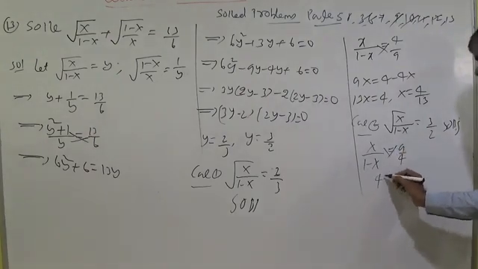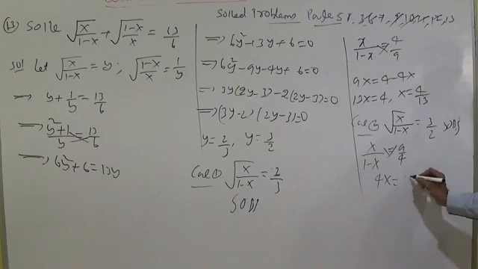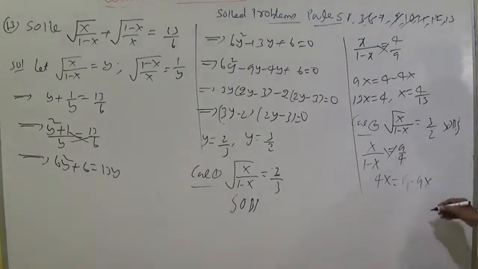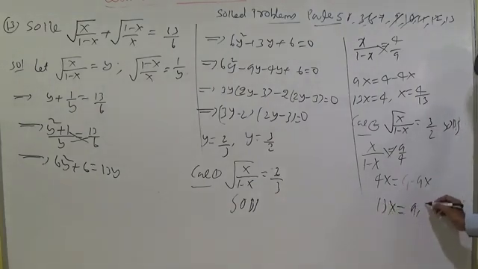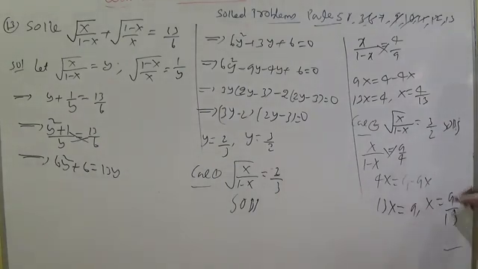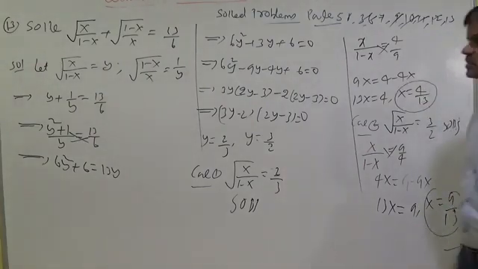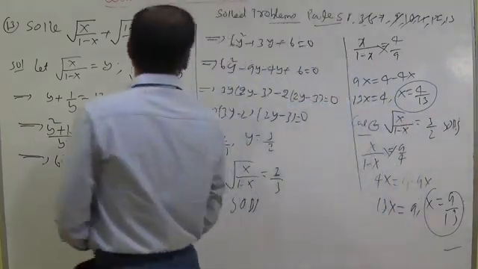By cross multiplication we can get 4x is equal to 9 minus 9x. Minus 9x taken this side, 13x becomes 9. So x becomes 9 by 13. So two values we got: first one is x equal to 4 by 13 and second one is x is equal to 9 by 13.